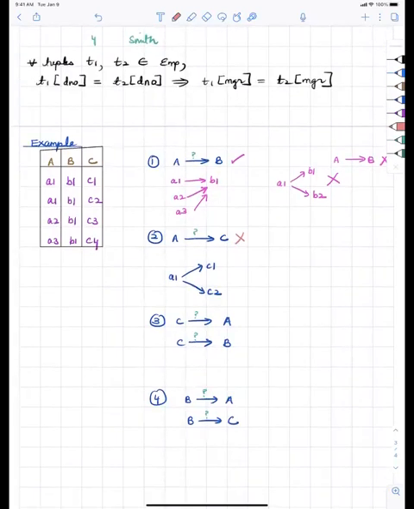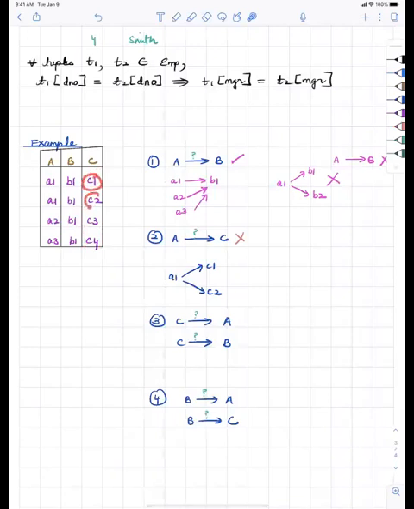C determines A. We have C1 going to A1, C2 going to A1, C3 going to A2, and C4 going. So all of C1, C2, C3, C4 are unique. So you don't even have to look at the other columns. You can just look at this last column. Every value is unique.